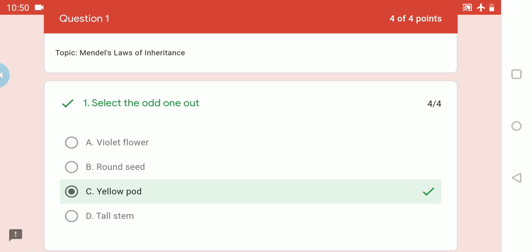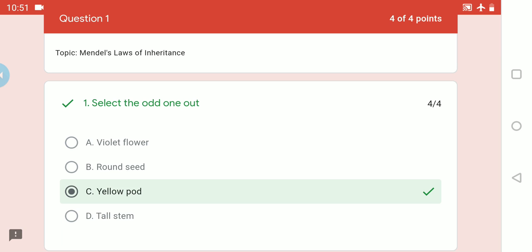But the recessive ones are dwarf, wrinkled, green, constricted, yellow, and terminal and white. The pod color yellow is recessive, and the remaining violet, round seed and tall are dominant. So that's why option C is the right option, the odd one out of these four options.